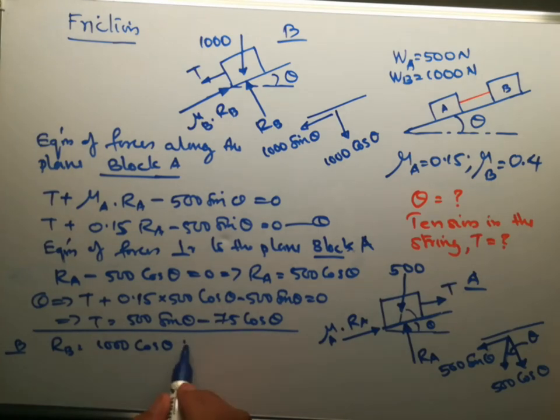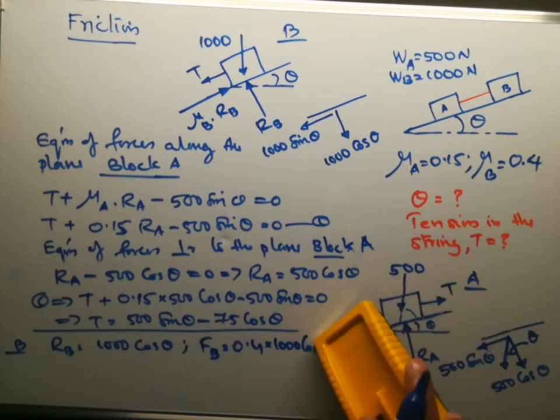Therefore, mu RB, or the frictional force, say FB, equal to 0.4, the coefficient of friction mu B, into 1000 cos theta.